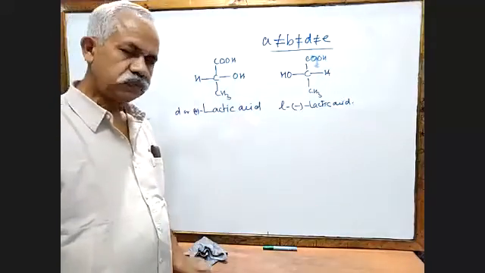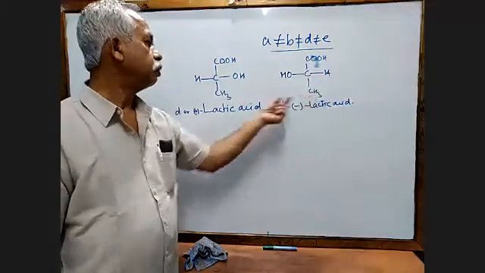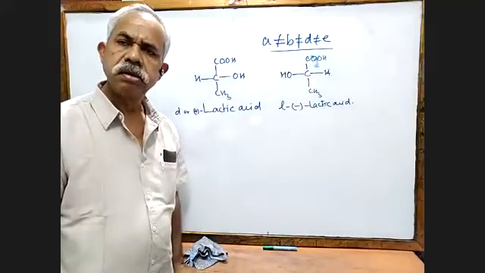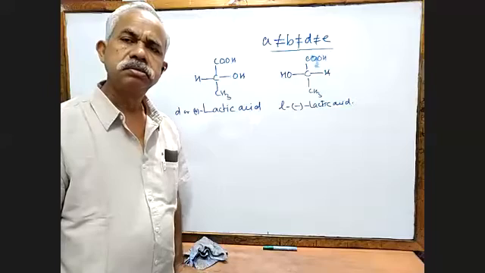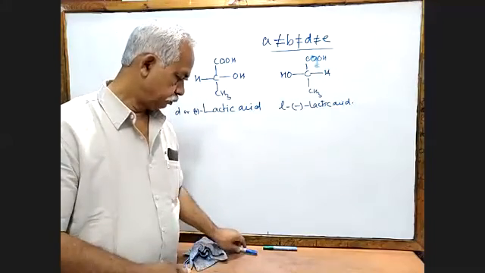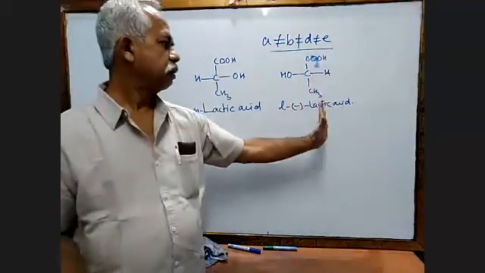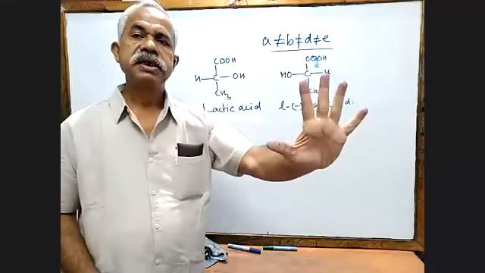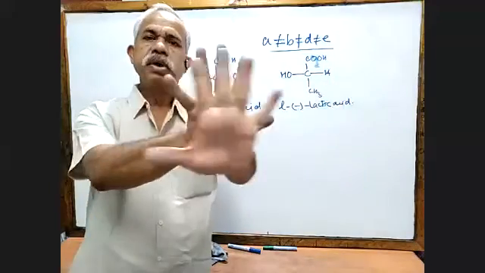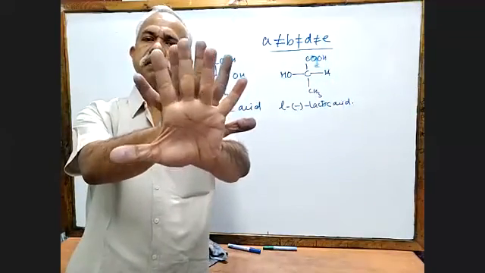Okay. Suppose if I take this molecule and put on the top of it, is it superimposable? Hello? Are the two molecules superimposable? Okay, think that this is this one. This is levolactic acid and this is the dextrolactic acid. If I put it, is it superimposable?